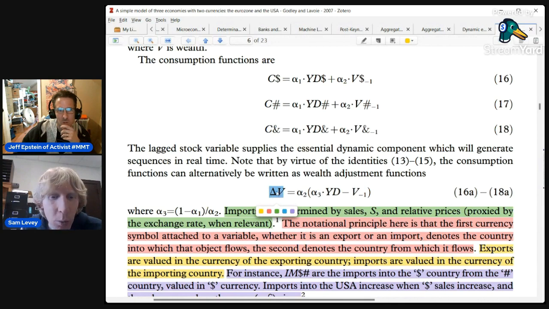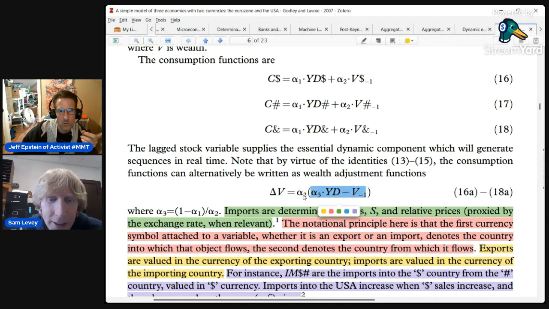When would your change in wealth be 0? Like when would delta V be 0? I know that's an oddball question, but run with me for a second. When would delta V be 0? Well, alpha 2 is some number and alpha 3 is some number. And so delta V would only be 0 if this bit in here were 0.